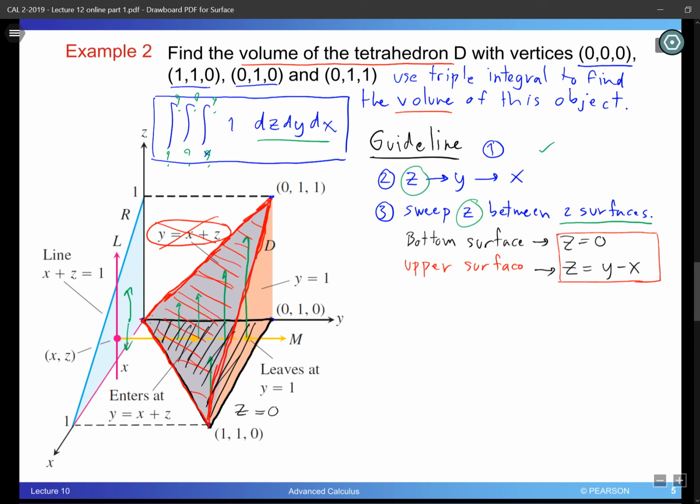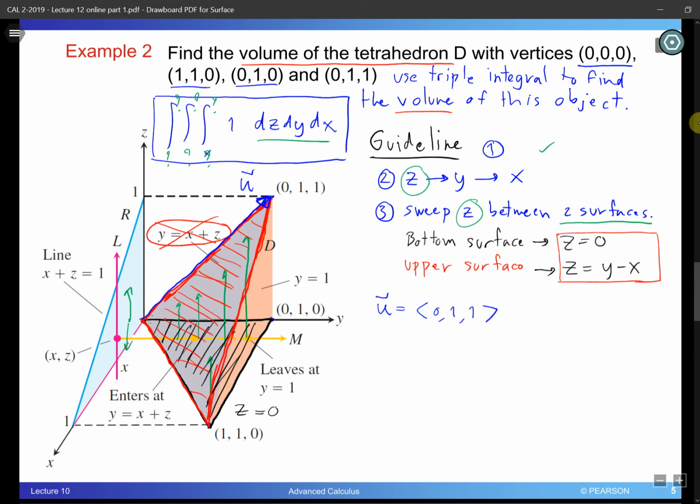We can do that by using two vectors on the plane. The first vector, I'm going to define as u. u is going to be the destination coordinate minus the origin coordinate, so it's going to be 0, 1, 1.